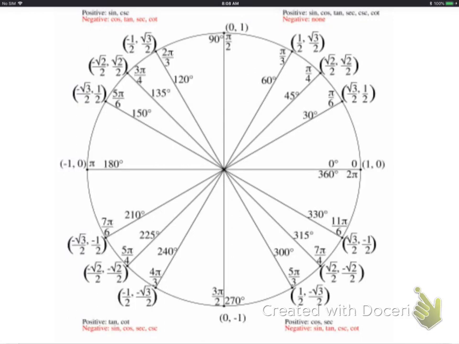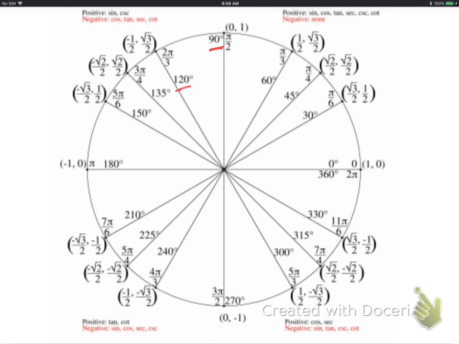So number 8, tangent of 105 degrees. How am I going to do the tangent of 105 degrees? Let's go look to the unit circle. 105 degrees. Let's see if we can find. Okay, 105 degrees. Is it there? 105 is not there.